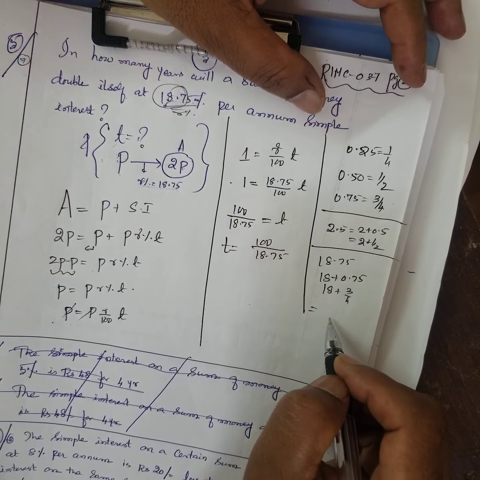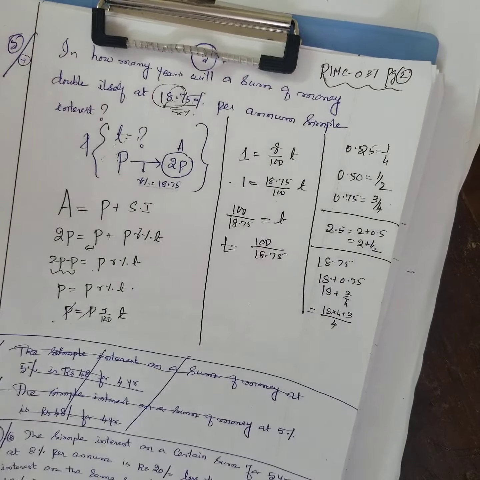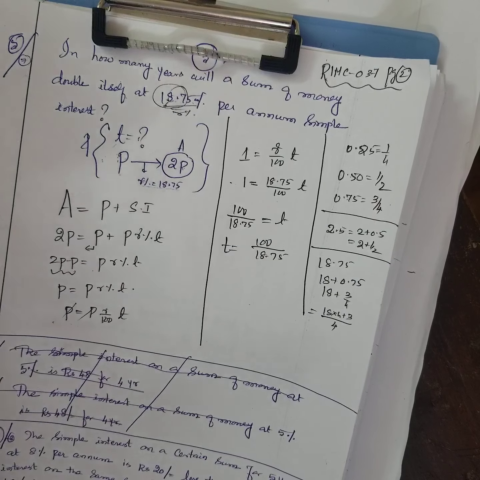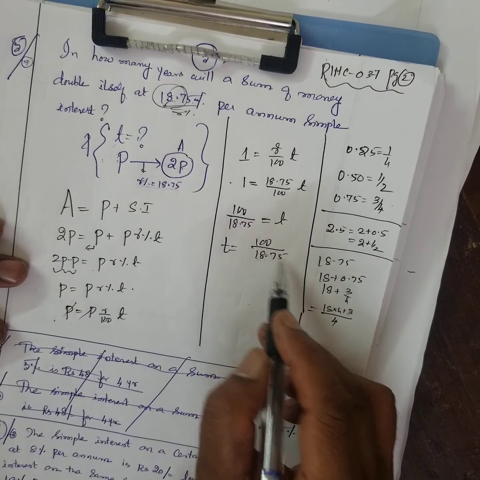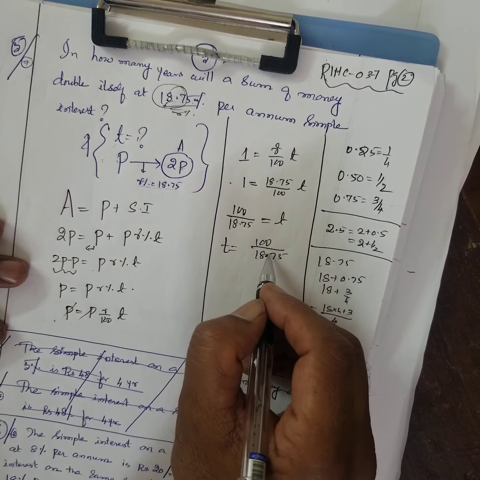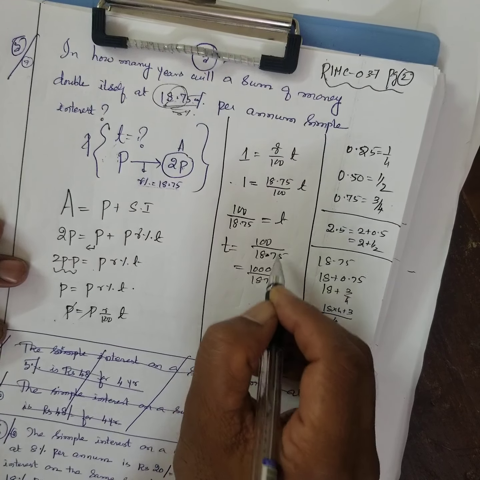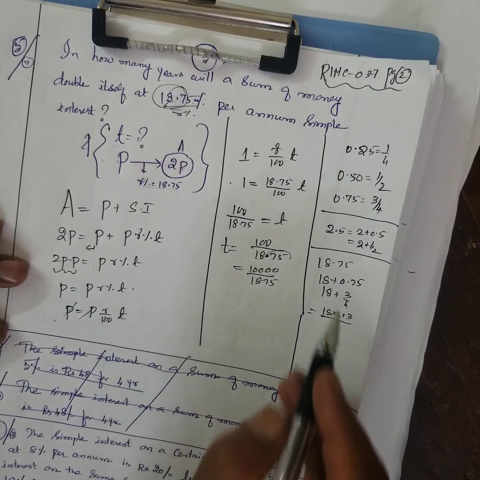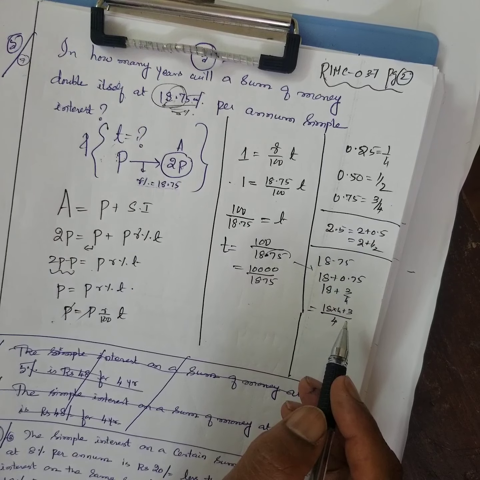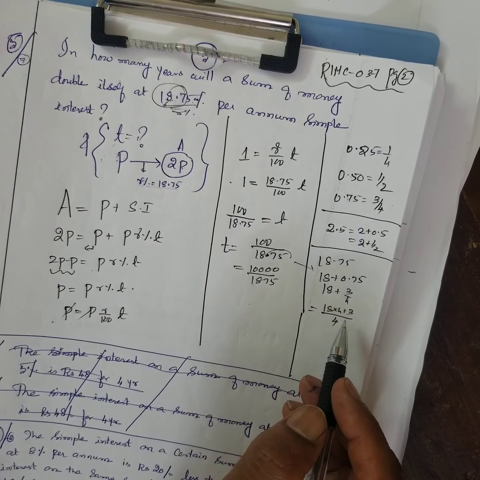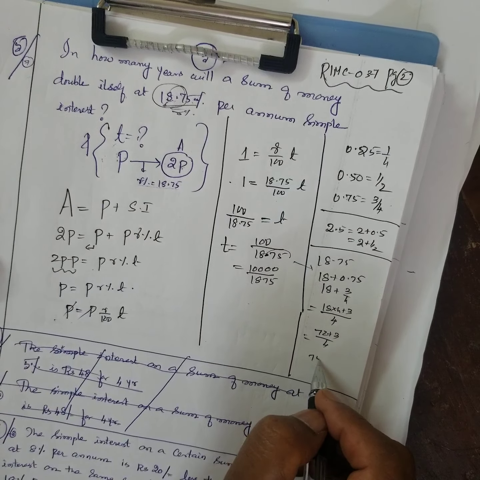That is 18 into 4 plus 3 by 4. Whichever method I try, all are possible. You can do it this way also. So 18 into 4 is 72, plus 3, that is 75 by 4.